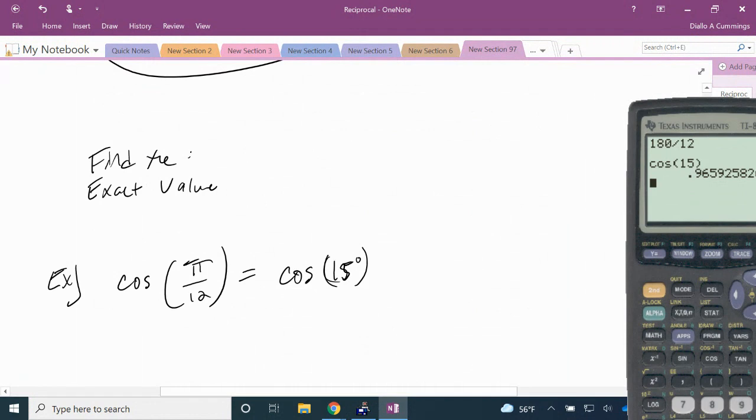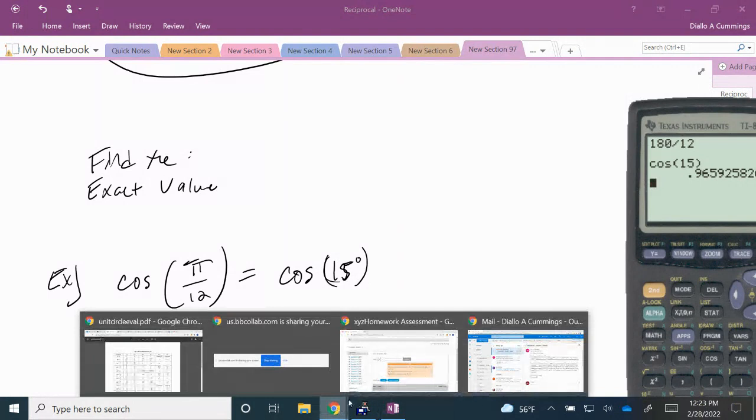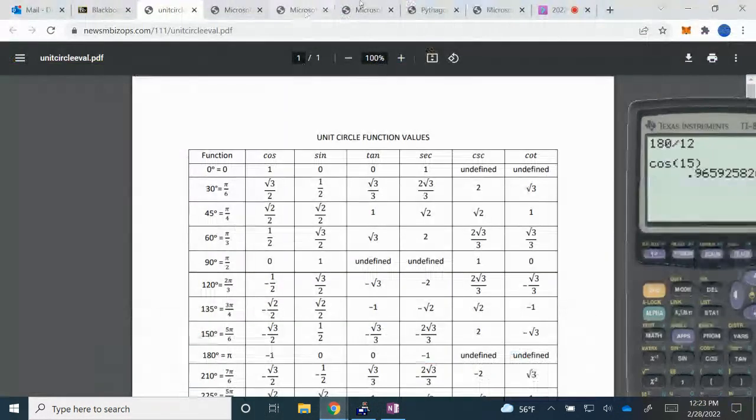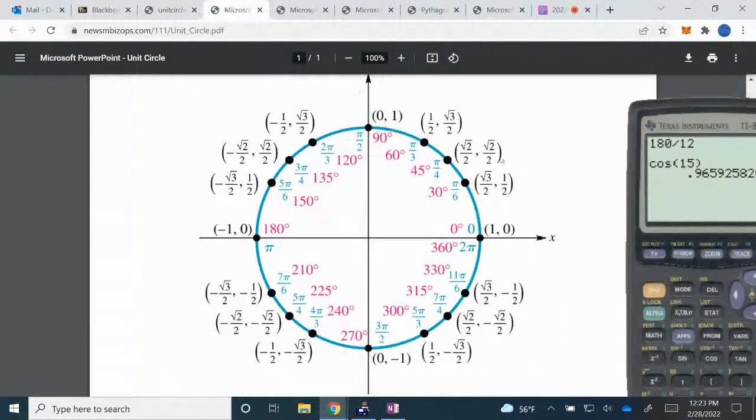When you're working with these sum or difference formulas, it's best to express the angle measure in degrees because the brain works best in degree measures. So now, how can I use a combination of the angle measures in the unit circle to get 15 degrees?